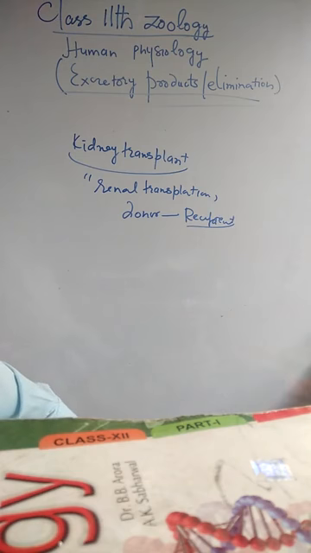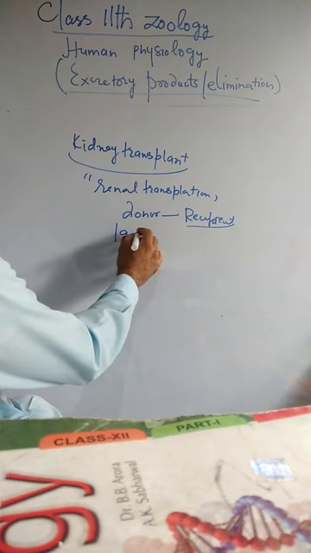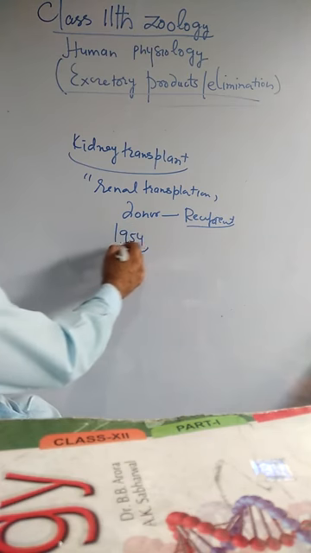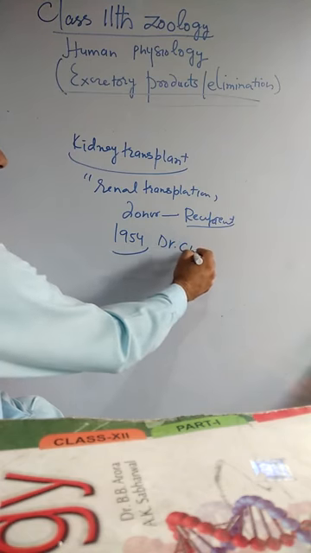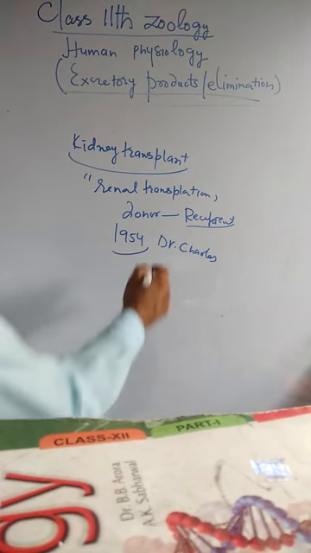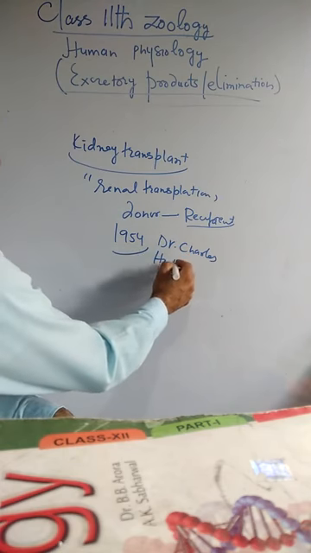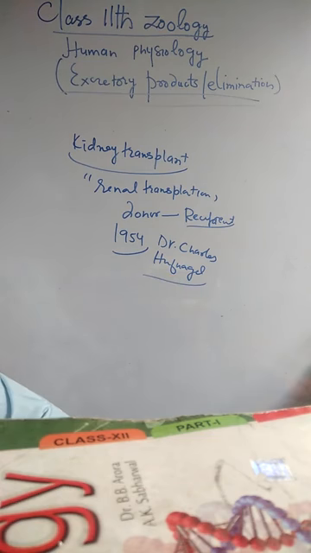The first kidney transplant was performed between identical twins in 1954 by Dr. Charles Hufnagel. Charles Hufnagel was the first doctor who could make this transplant possible.